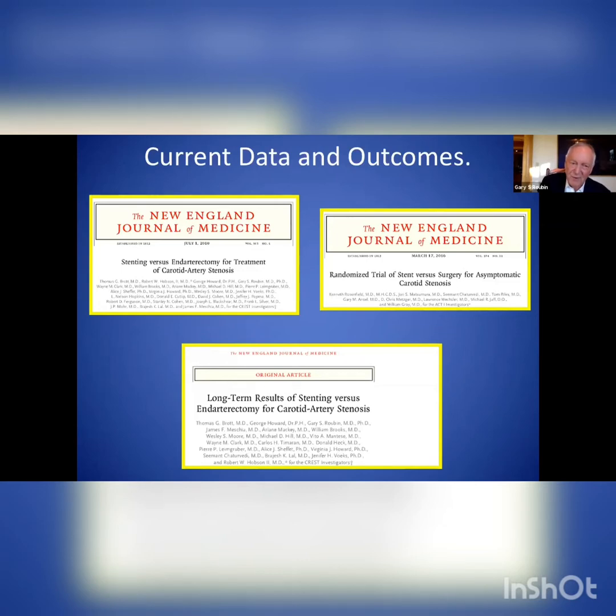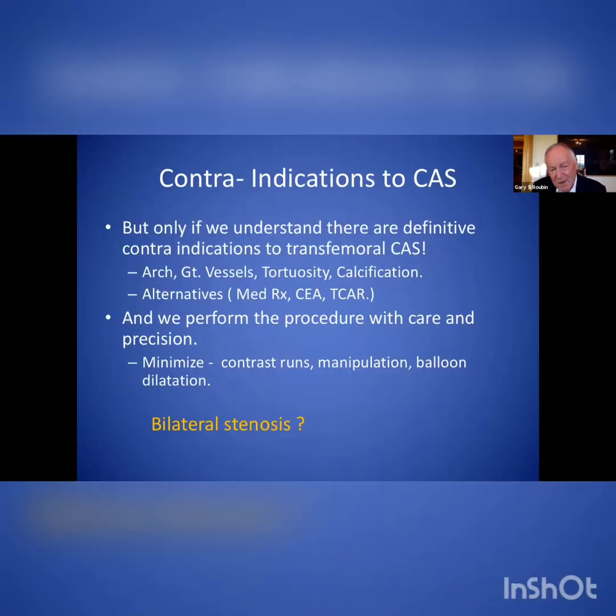That's very important. I just want to emphasize, before we get to bilateral stenosis, that outcomes with carotid stenting are, I believe, superior to endarterectomy and other techniques. But only if we understand there are definitive contraindications to transfemoral stenting, even listening today to radial stenting.